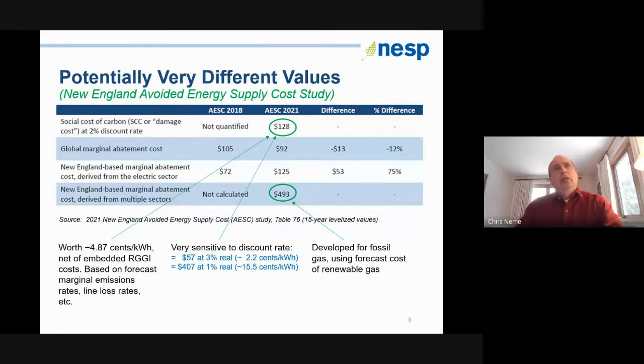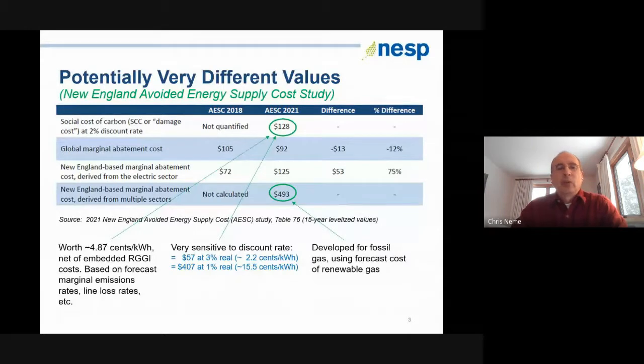Yes, and from my perspective, it doesn't make sense to use the marginal abatement cost method unless you're looking at what the marginal abatement cost would be for a very dramatic reduction over time of greenhouse gas emissions, consistent with levels necessary to stabilize the climate.